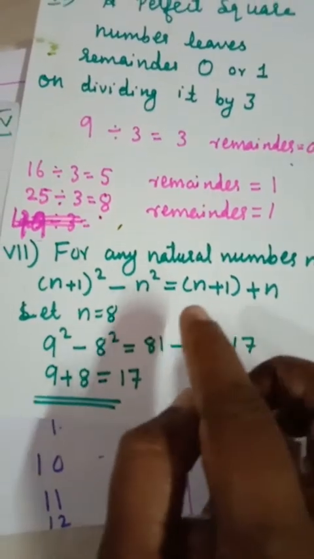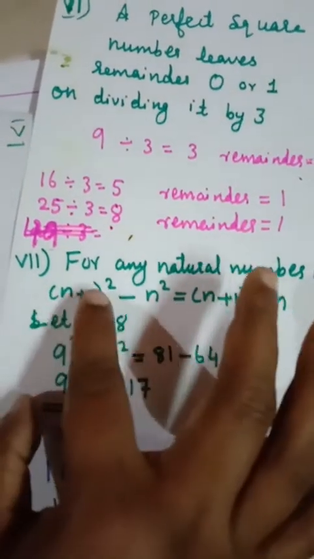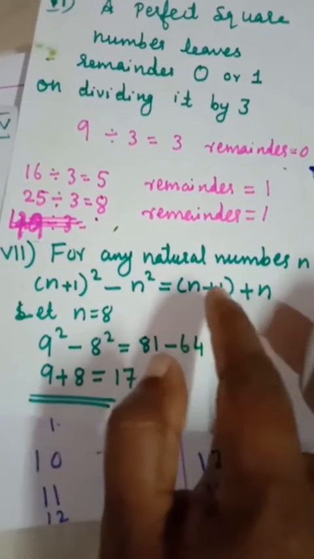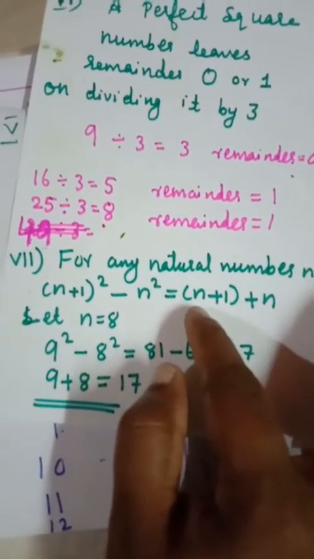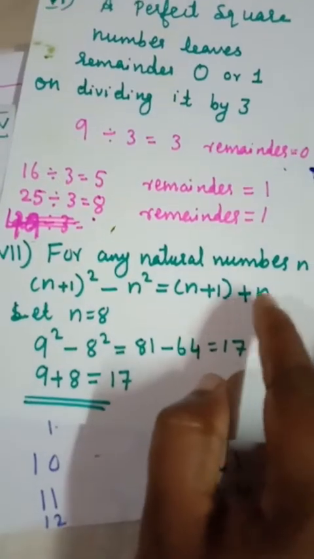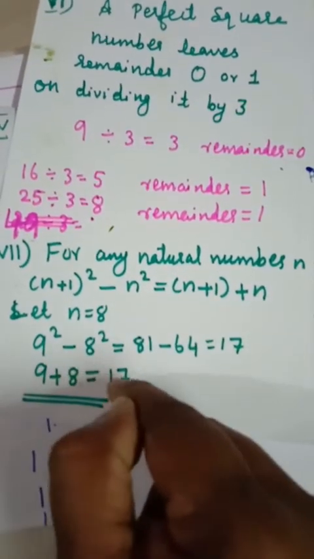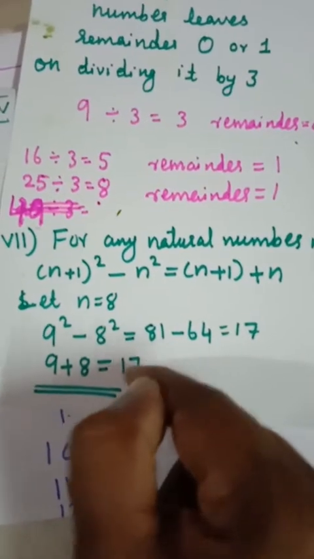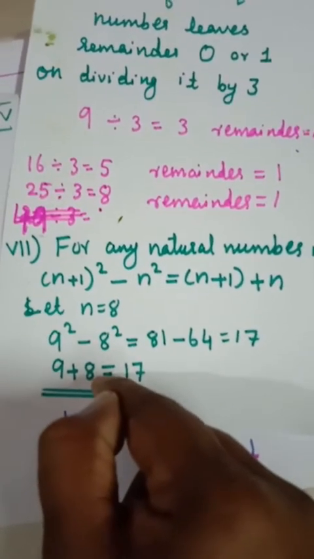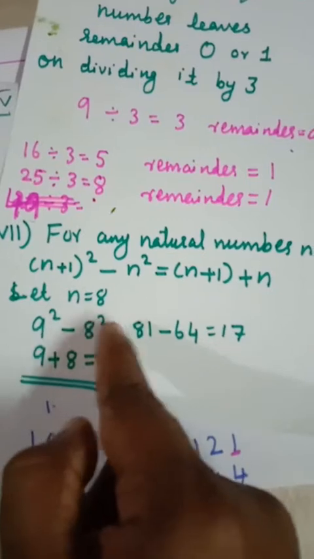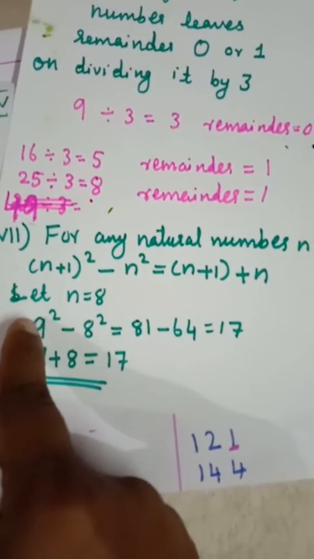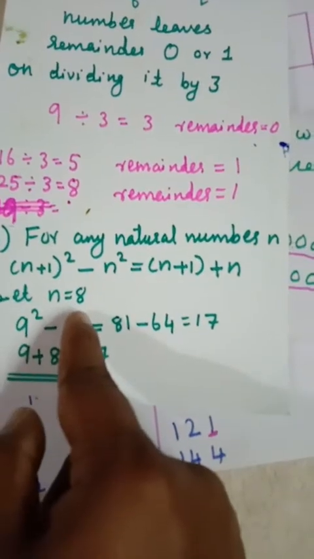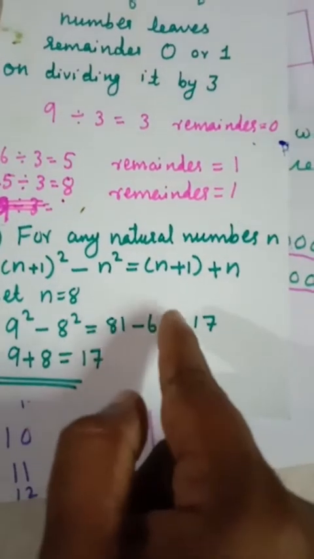But we have the formula: (n plus 1) whole squared minus n squared is n plus 1 plus n. What is n plus 1? 8 plus 1 is 9, plus n which is 8. 9 plus 8 is 17. This is the easy method. For 9 squared minus 8 squared, we first find the square of 9, then the square of 8, then subtract.